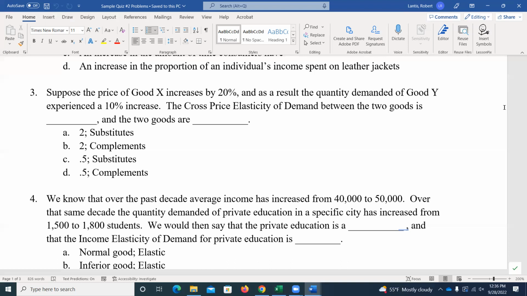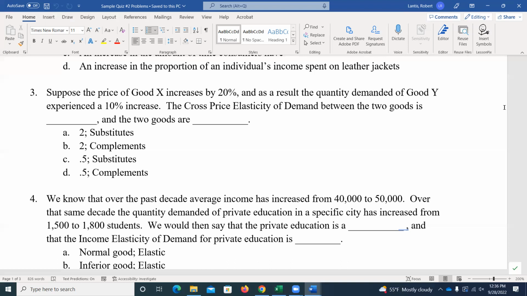Even if I had an example where I decrease the price of a good and that decreased the quantity of good Y, negative over negative, I'll still end up with this positive. Now, if I ever see a situation where the price of good X goes up and the quantity demanded of good Y goes down, well, that must mean that I'm using these two things at the same time, so that increase in the price of the other good is almost like I'm increasing the price of the other good that I need to use, right?